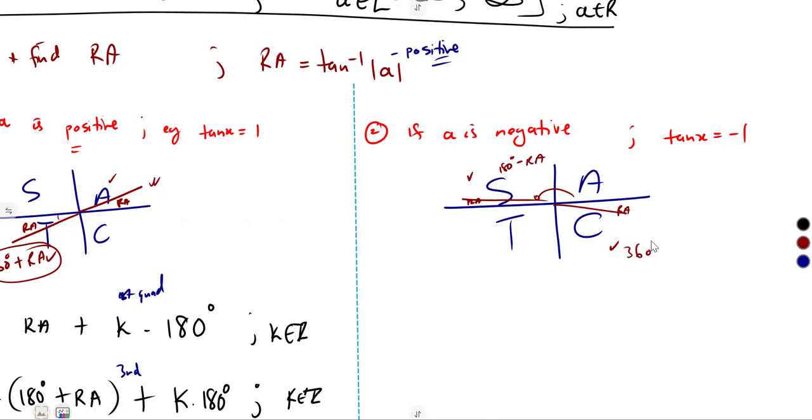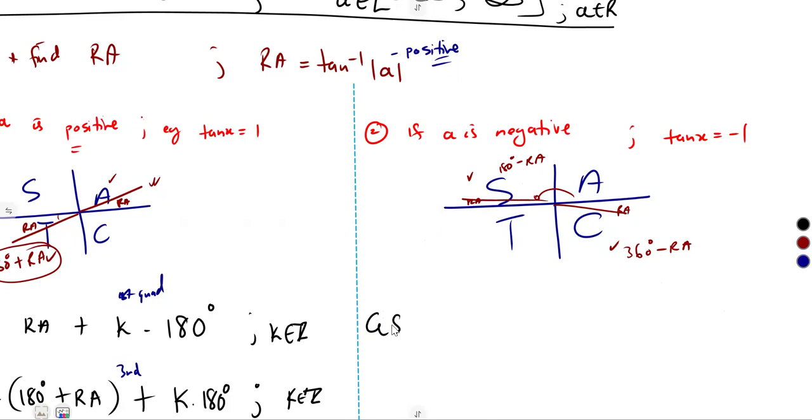Here, 360 degrees minus our reference angle theta, or we can take it as minus the reference angle as before. It is up to you, as a negative angle, but I'm just going to use positive angles so that we do not confuse each other.